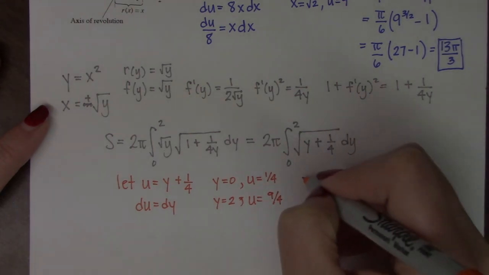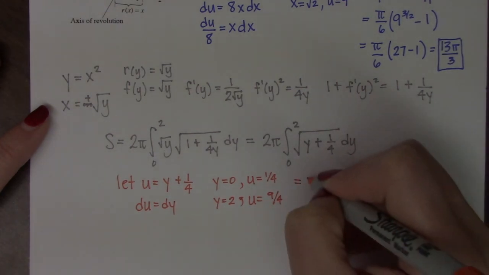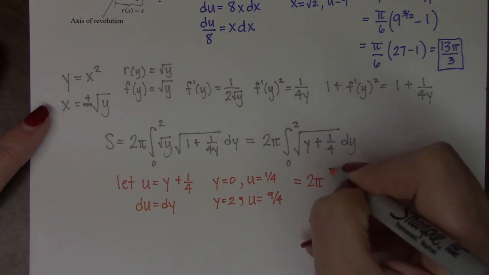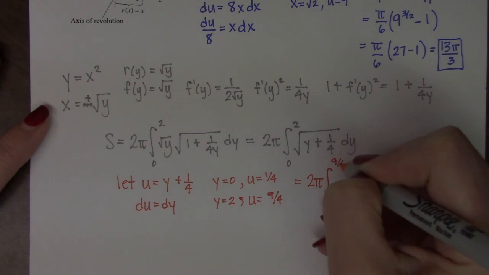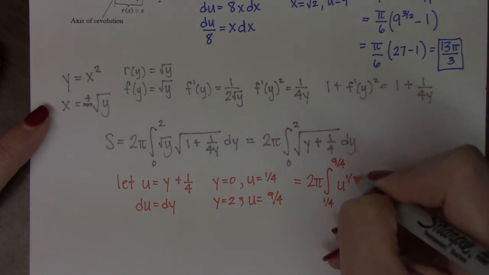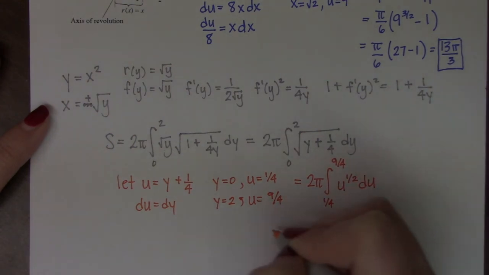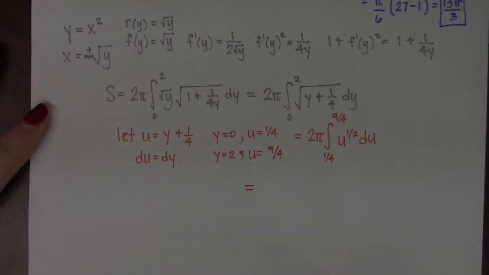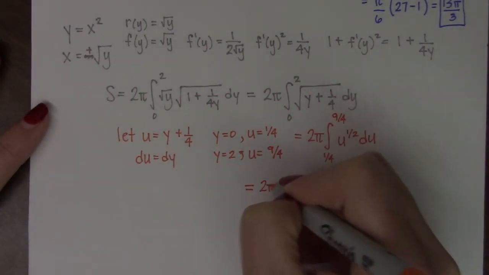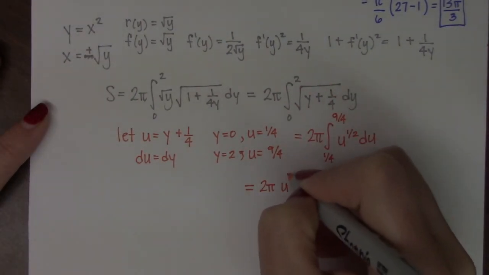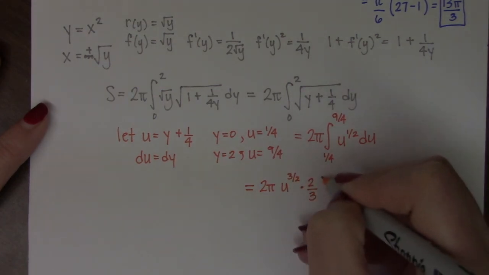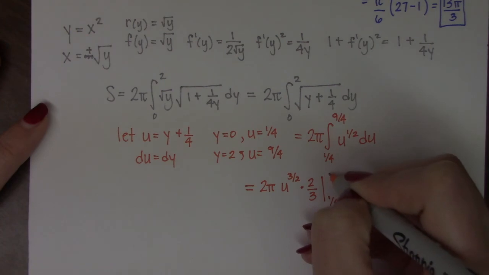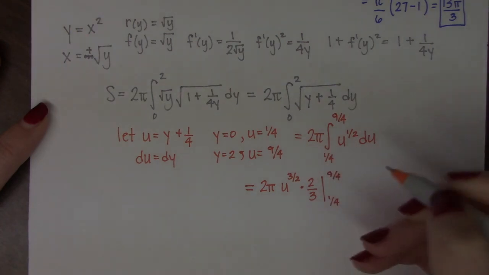So when I translate this into variable u, I get 2 pi times the integral from 1/4 to 9/4 of u to the 1/2 du. So this is going to be 2 pi times u to the 3/2 times 2/3 from 1/4 to 9/4.